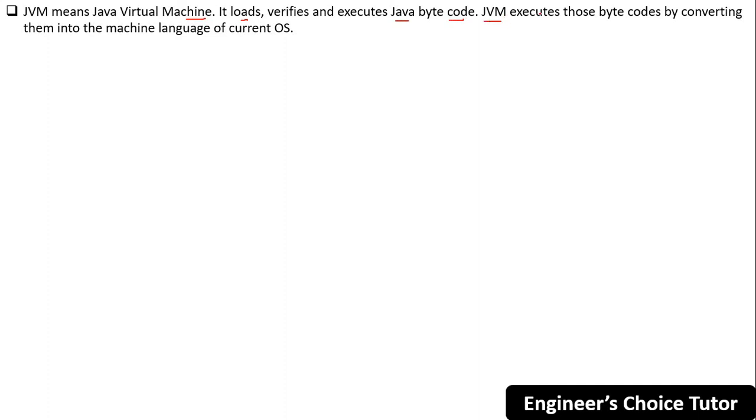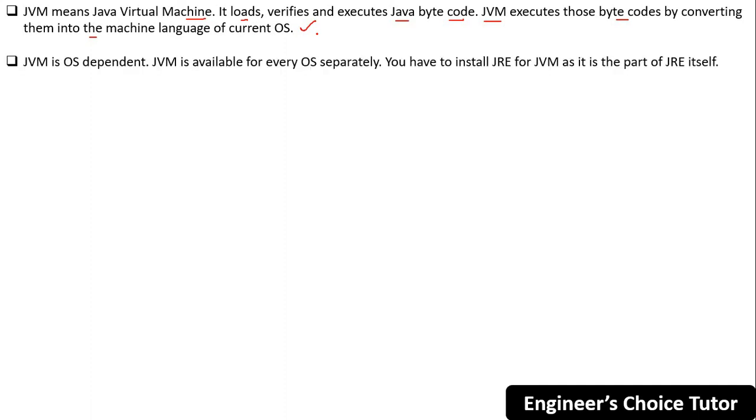JVM executes those bytecodes by converting them into the machine language of the current operating system. I hope this is clear, right? So JVM is OS dependent. JVM is available for every operating system separately. You have to install JRE for JVM, as it is a part of JRE itself.